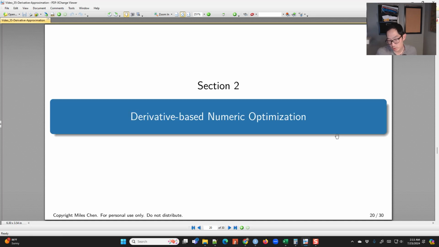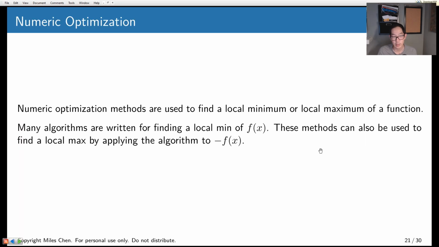But we have a way to approximate derivatives, and now that we can get derivatives, we can also use that to do derivative-based optimization. So far we've covered quite a few root finding methods, okay? But an important idea is how can we find not just the roots, not just where the function is equal to 0, but can we find the minimum or a maximum, a local min or a local max, okay?